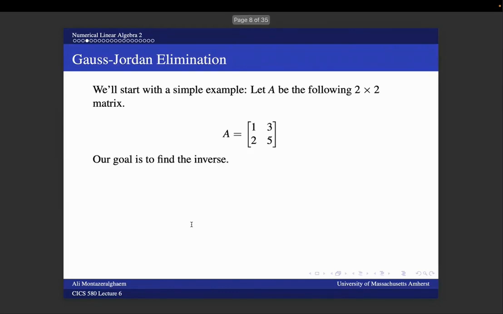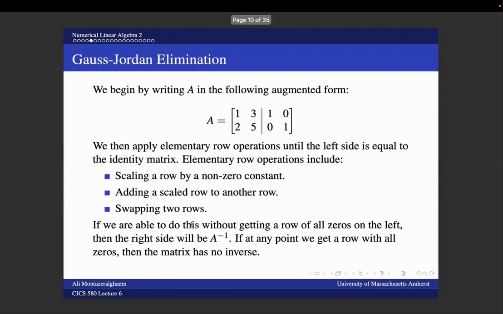And our goal is to find the inverse of this matrix. In this algorithm, at first we need another form of the matrix A, which is the augmented form.